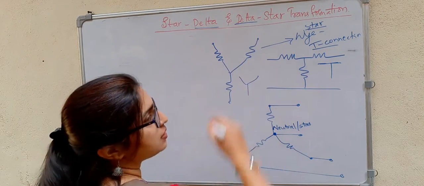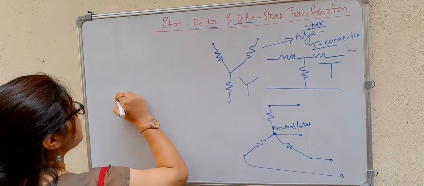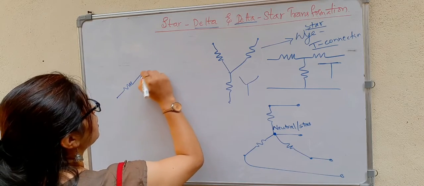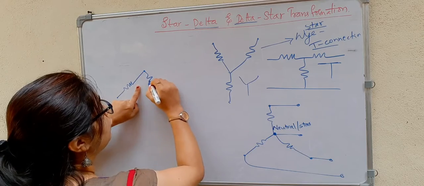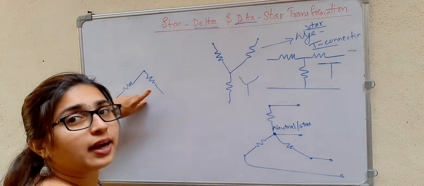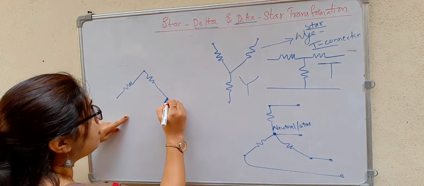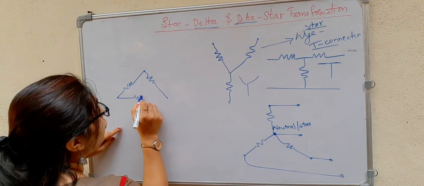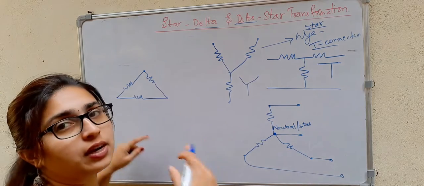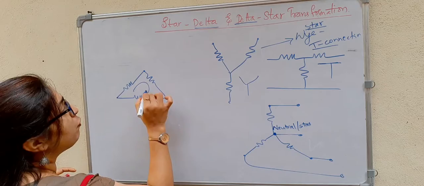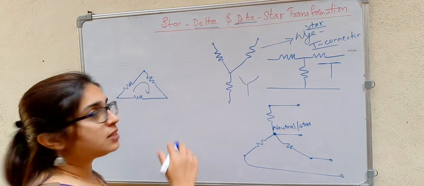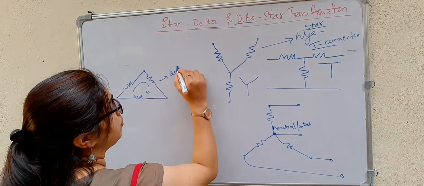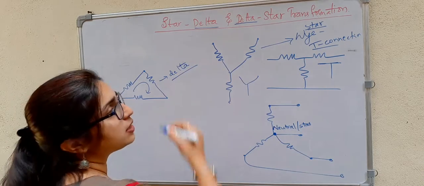Next, when we come to this delta, the impedances are connected in such a way that the second end of the first one will be connected to the first end of the second one, and the second end of the second one will be connected to the first end of the third one, and so on. That means it will be forming a closed path. So this is your delta connection.